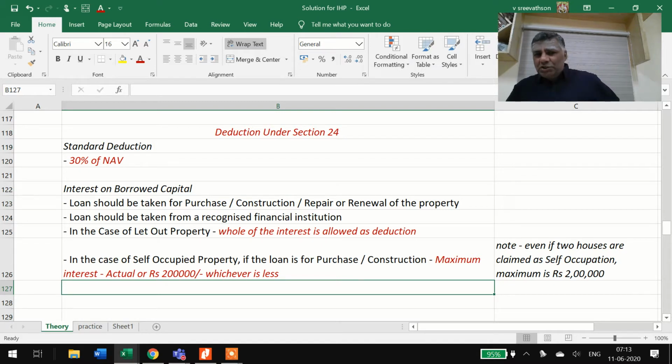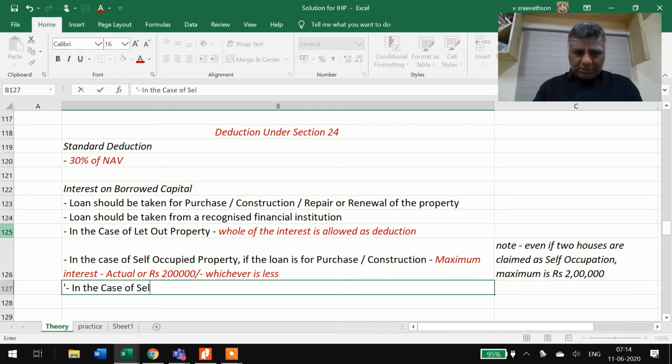It is not per property. For both the properties put together, it is only 2 lakhs.